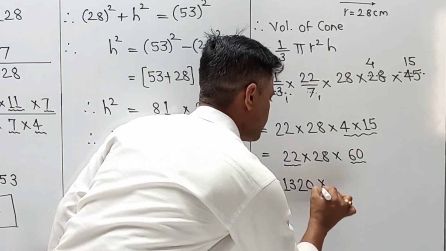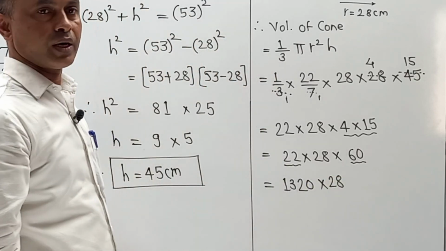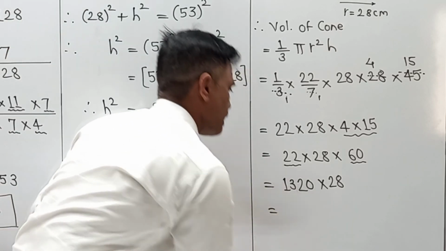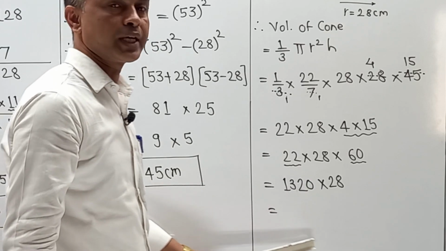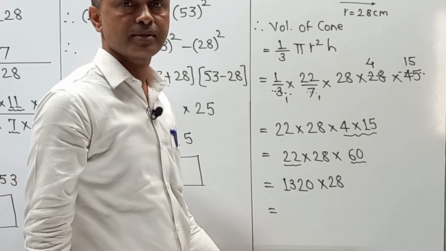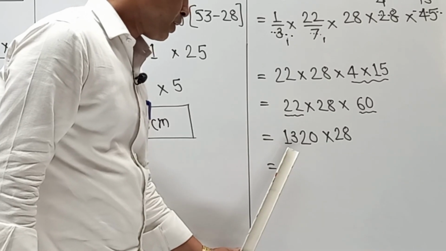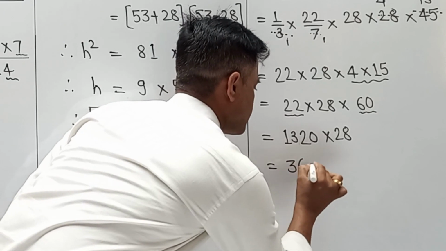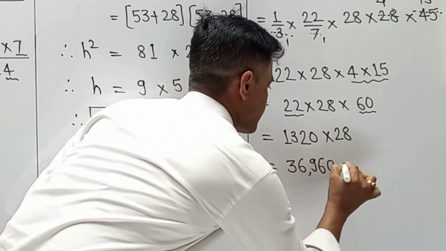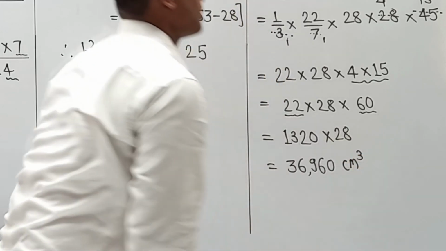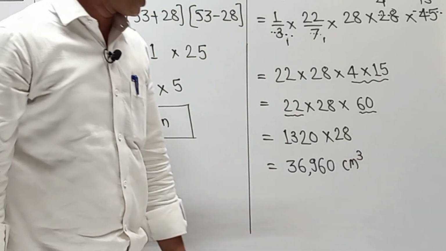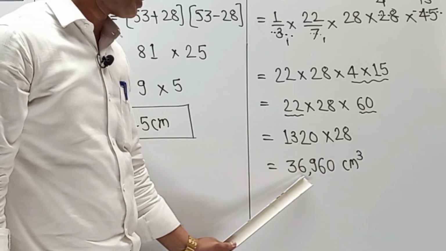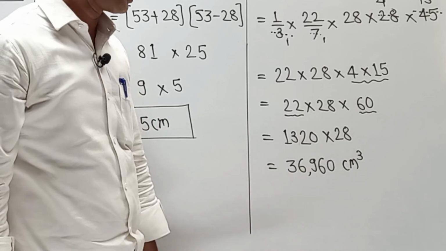And after you do the product of 1320 into 28, you will get the answer 36,960 cubic centimeter, as it is a volume.